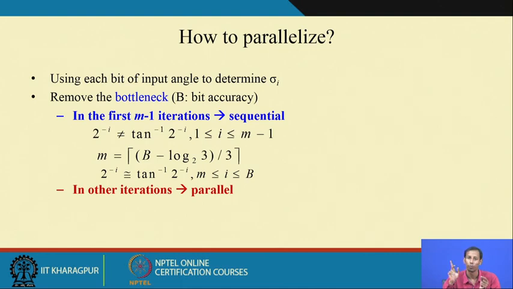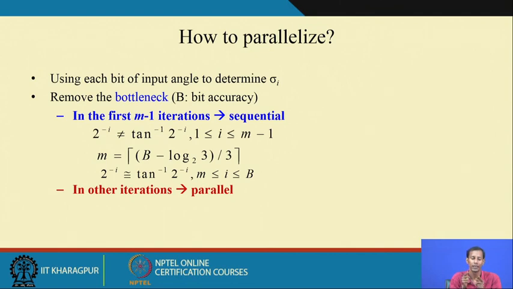If the angle is, suppose, 30 degrees, bit-wise that is lesser than 45 degrees.